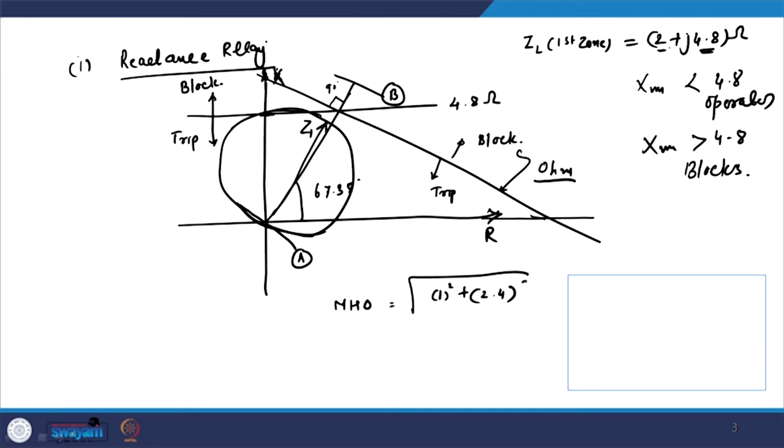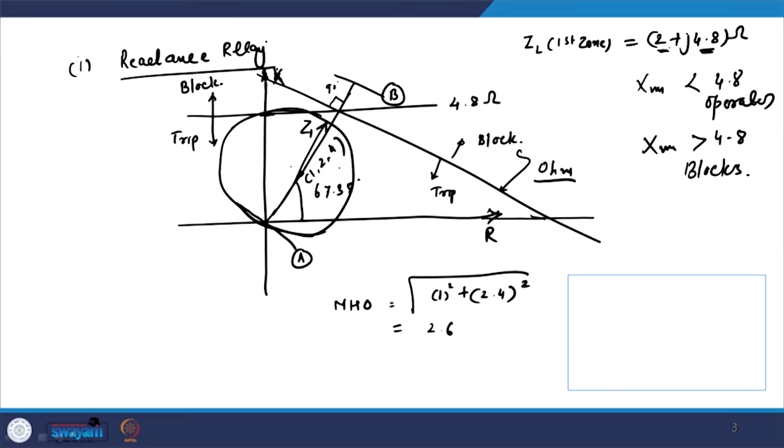So, if I take the square of half of this value and the square of this, the value comes out to be 2.6. So, 2.6 is the radius of the circle of this relay. And the point is here, 1 and 2.4. This is how the mho relay works, and we can draw the characteristic of the mho relay.